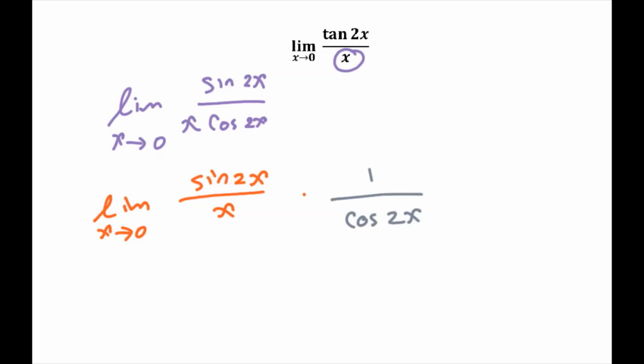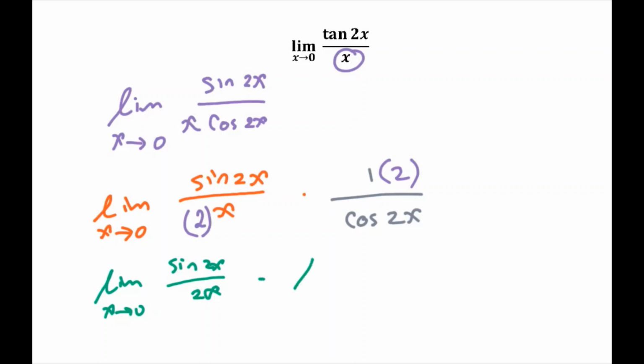So I need 2 down. And since you put the 2 down, you will multiply the numerator by 2. Now you can split your limit. Now based on the rule, this is going to be equal to 1. And here you can substitute x by 0. So it will be 2 over cosine of 2 times 0, which is 0. And cosine 0 is 1. So 2 over 1 is 2.